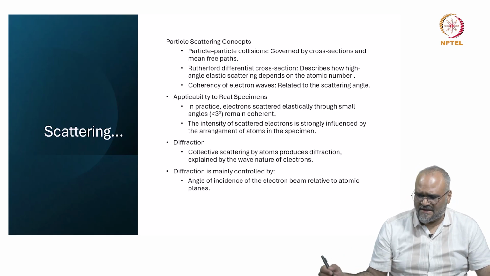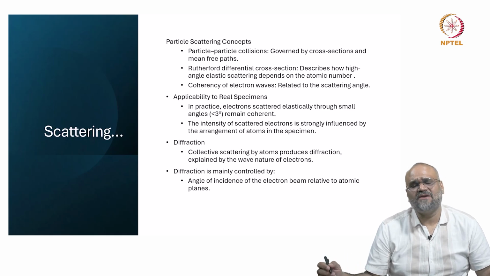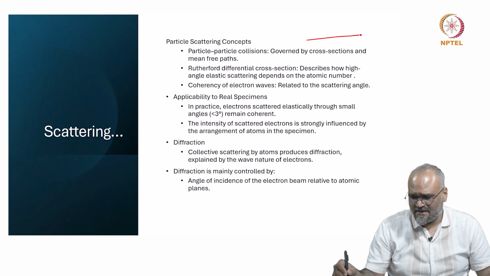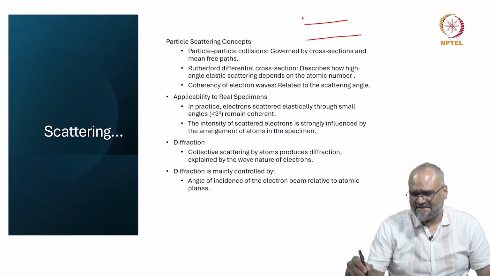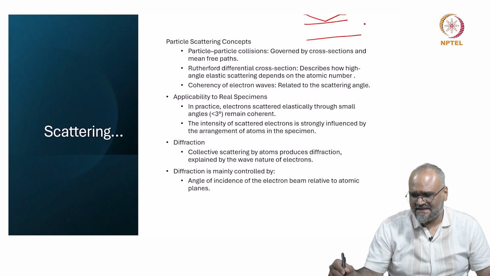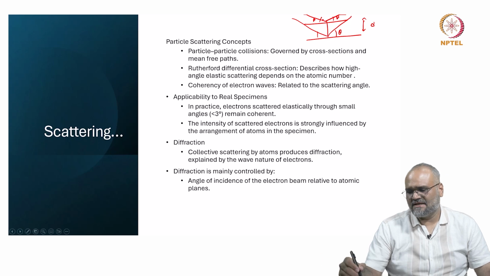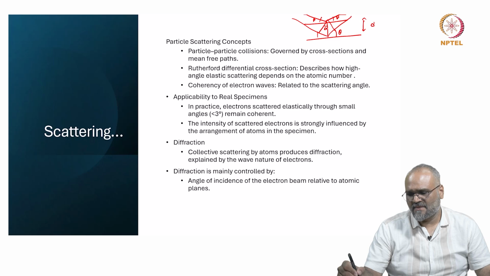So let me give you an example and draw the general picture we have in mind when we think of diffraction. If you remember, to understand X-ray diffraction from planes, let us say there are two planes of atoms separated by a distance d, and you had X-rays incident like this at an angle theta. They are also scattered at an angle theta, and you derive an expression for path difference versus the angle of scatter.